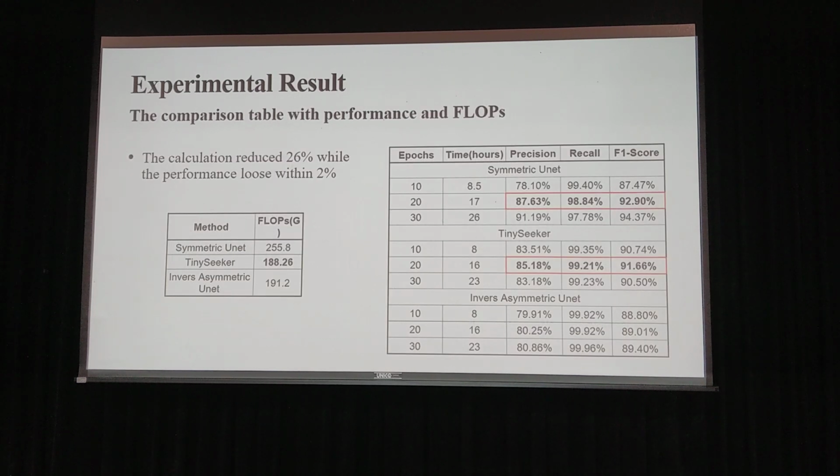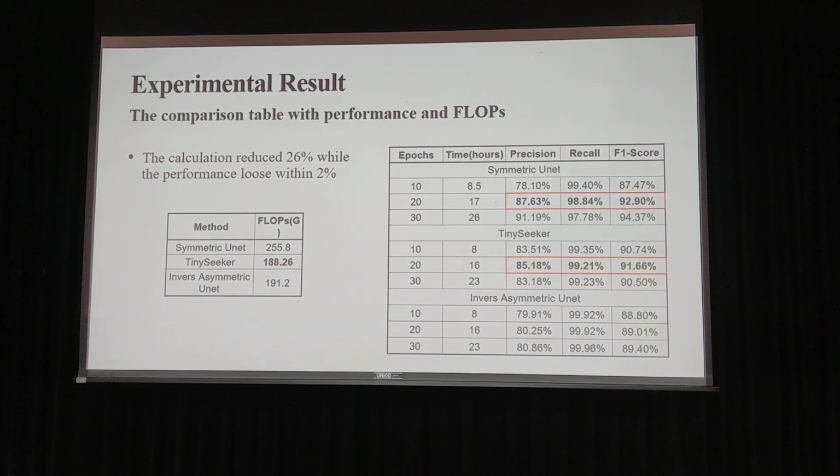of TinySeeker. Here are two tables indicating the performance of TinySeeker. First, look at the table on the right side. It shows that symmetric UNet slightly outperforms TinySeeker in terms of F1 score, which is a combined measure of precision and recall. The difference in the best F1 scores between the two models is approximately 3%. However, TinySeeker exhibits an average training time that is around 6% faster than symmetric UNet.